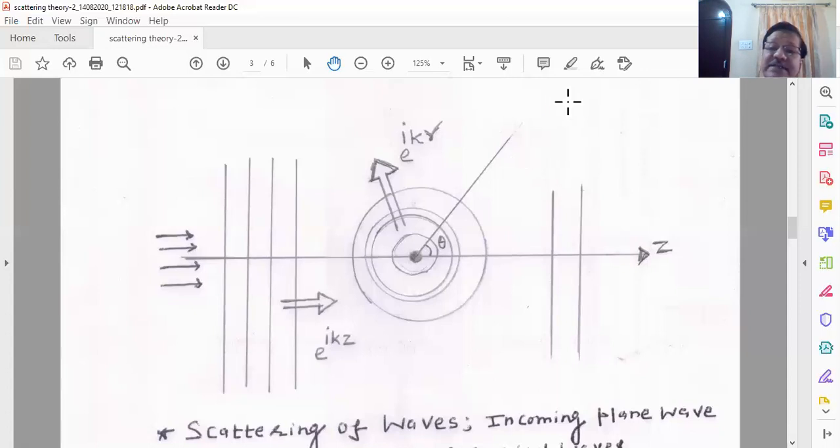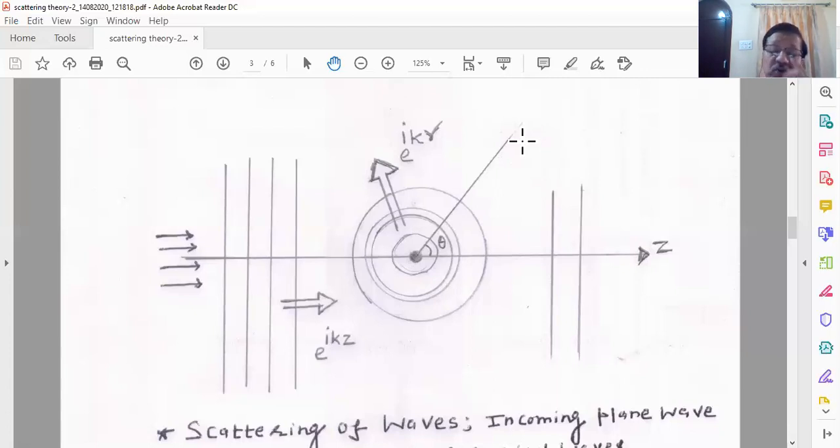So we have your detector. This detector will detect the scattered spherical wave at a large distance, and this scattered wave is basically carrying the signature of the target that we would like to identify.